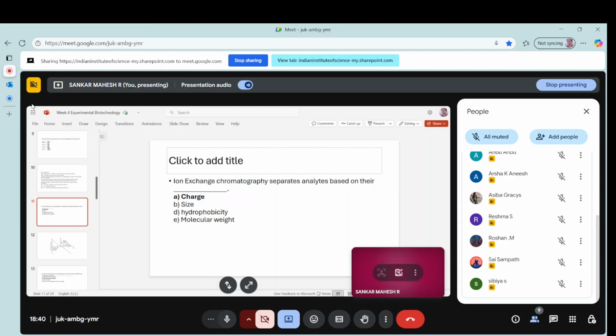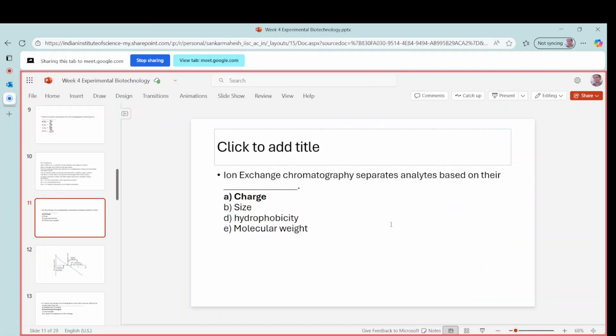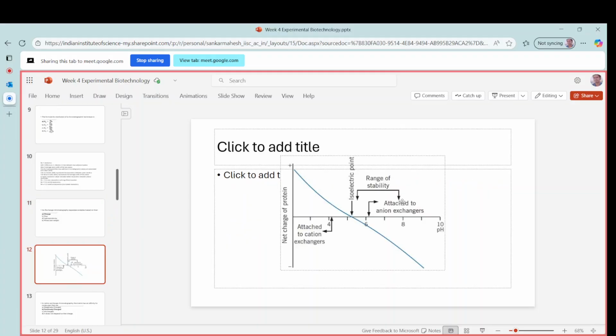With respect to protein, if our sample analyte is a protein, then one thing we could consider is the isoelectric point, pI. What we know is, depending on the isoelectric point and the pH of the buffer, the net charge of the protein can be determined.